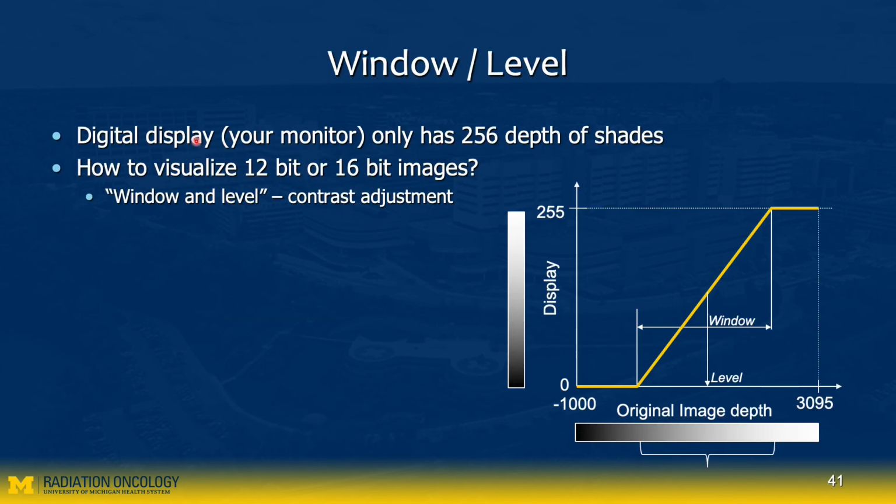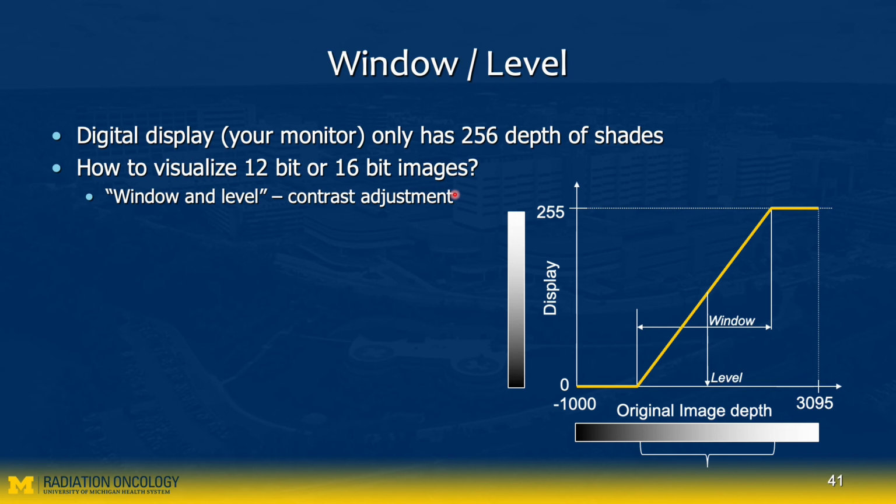So even though the medical image has 12-bit, 16-bit, thousands of shades, your typical computer monitor can only differentiate 256 depth. So how do you visualize this very high thousands-of-shades image on your monitor if your monitor can only display 256 depth?